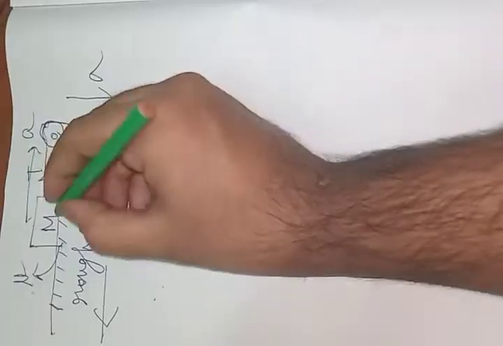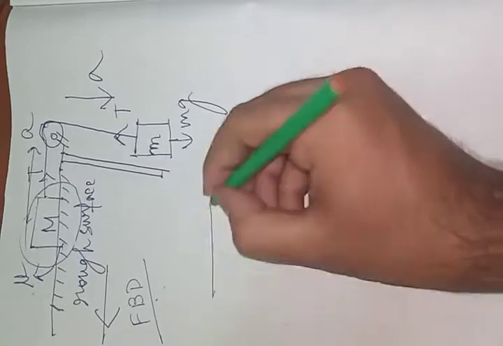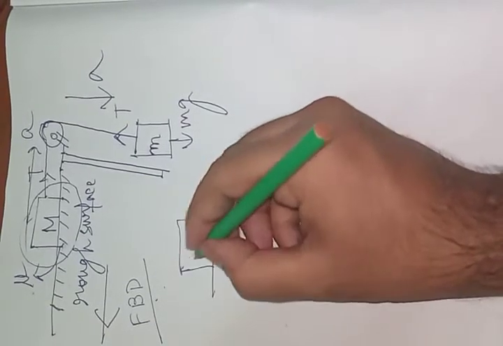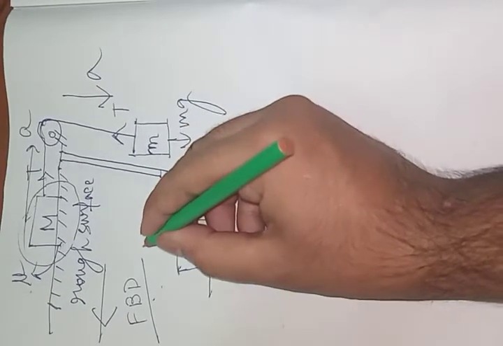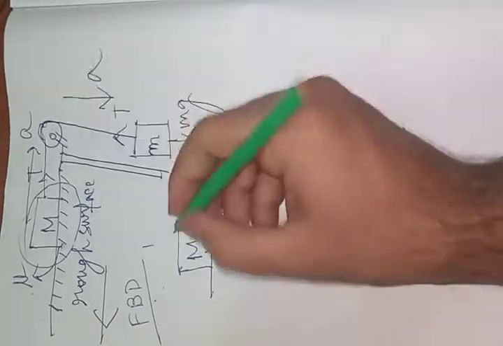So what is the backward force? For this, let us take this mass m and draw its free body diagram. This is the mass m, vertically downwards is mg and upwards is the normal reaction.